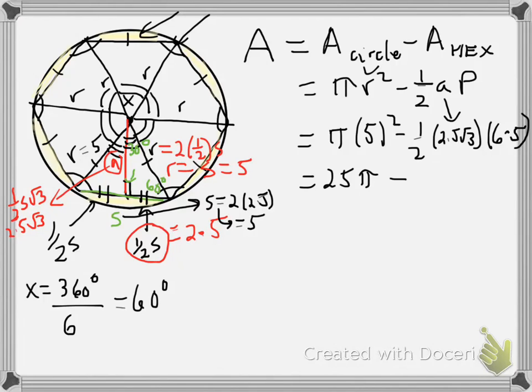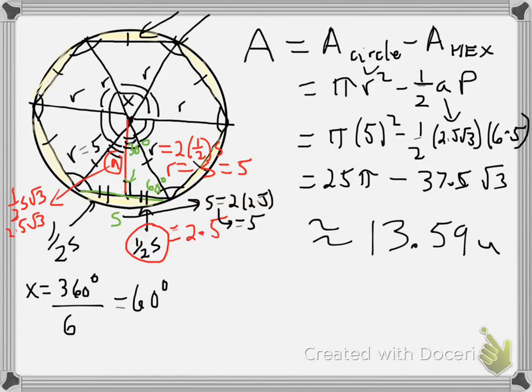We get 37.5 times the square root of 3. There's your exact answer. The question didn't say whether it had to be exact, so it works out to 13.59, whatever the units are, squared.